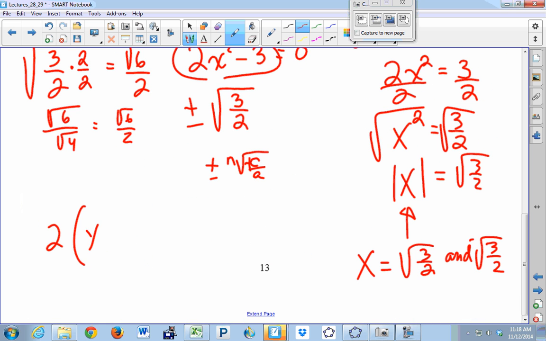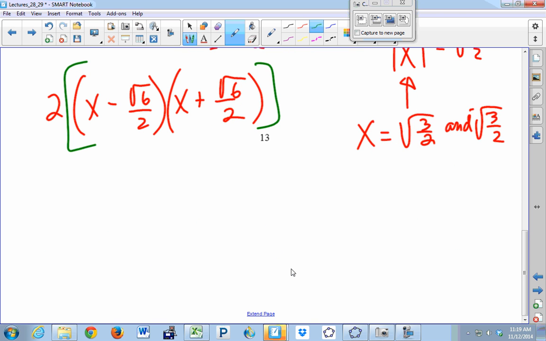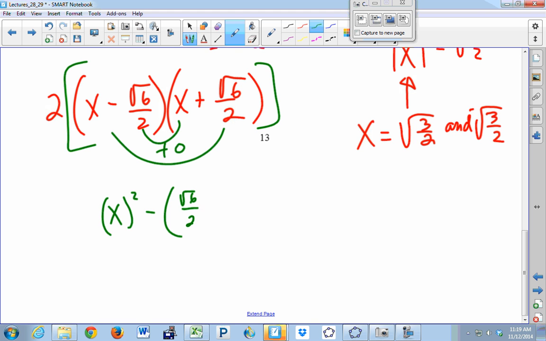2 times x minus the square root of 6 over 2 times x plus the square root of 6 over 2. And you can multiply, your associative property says multiply any 2 first. These 2 factors look exactly the same except for one is minus and one is plus. So our middle term and our outer term go to 0. They're not going to become part of the equation. So we get x squared, take away the square root of 6 over 2 squared.